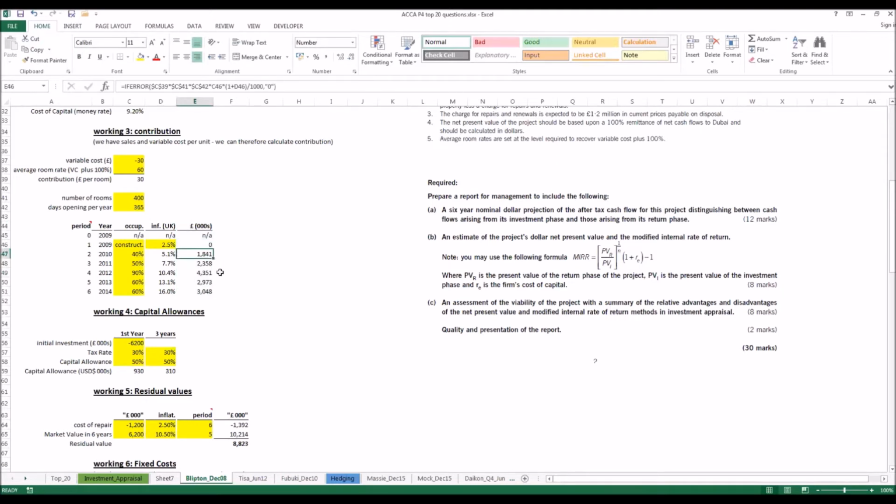So here we've got 1.8 million, here we've got 2.3 million, 4.3 million. This is in thousands. So £30 per room times 400 rooms times 365 days. We've got the occupancy rate here as well.